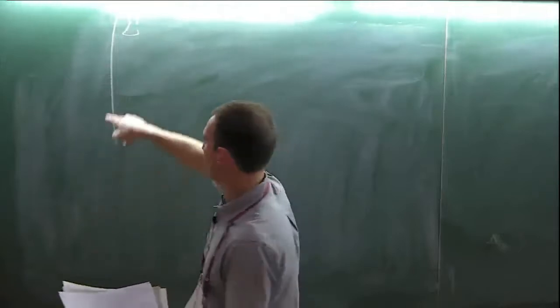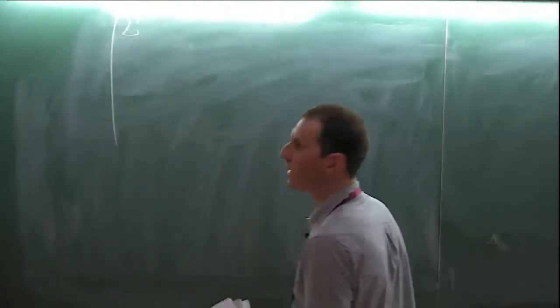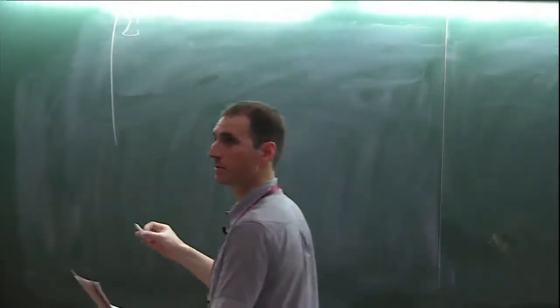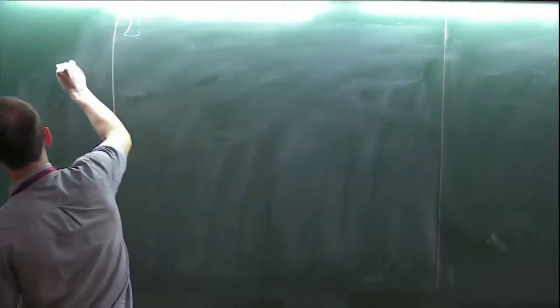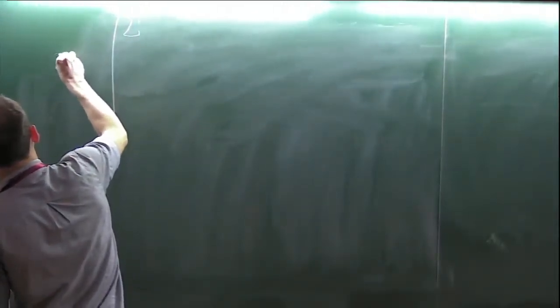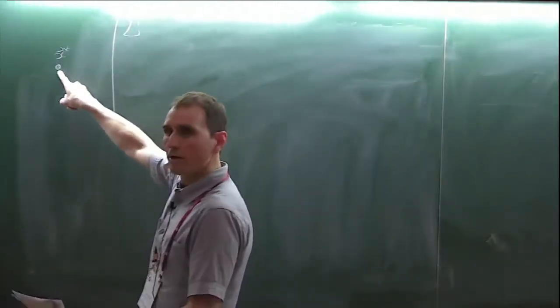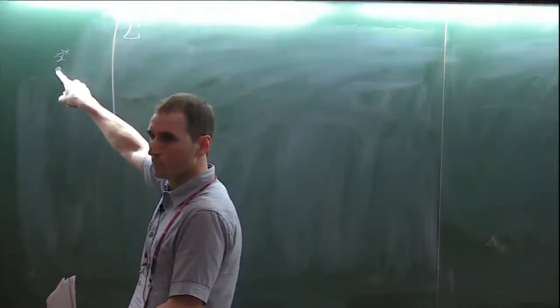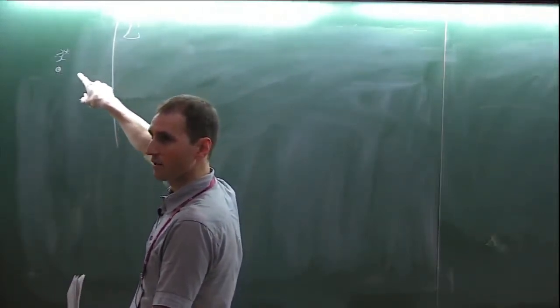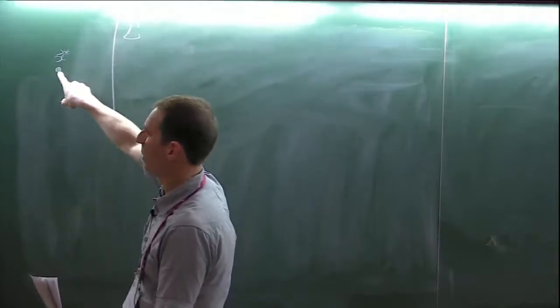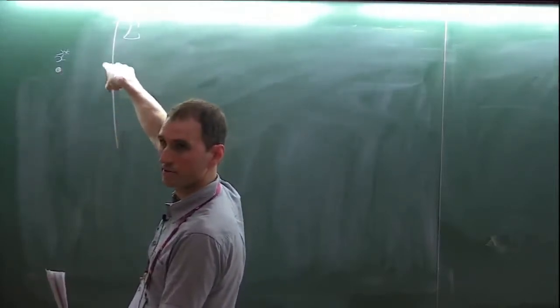It's got some switching manifold sigma, and let's suppose it's got some regular equilibrium. As you vary the parameters of the system, your equilibrium will likely move a little bit. And so a bifurcation will occur when your equilibrium collides with the switching manifold.